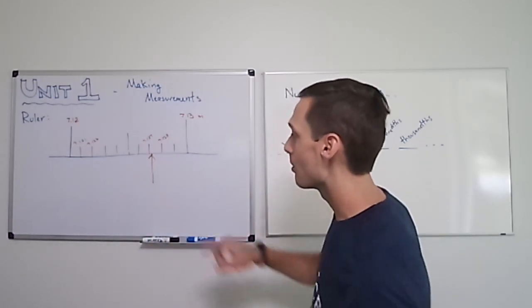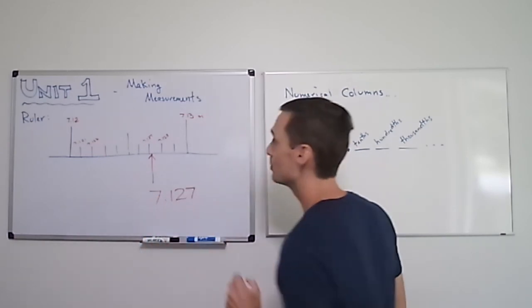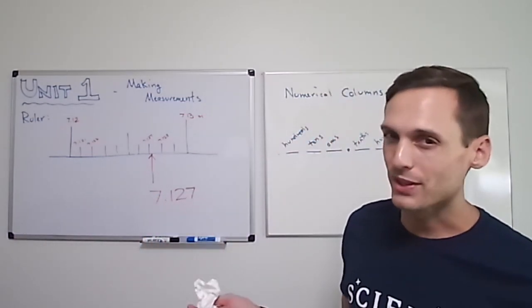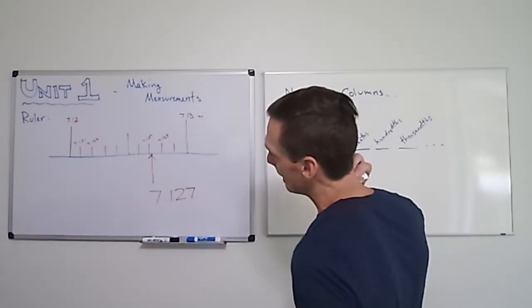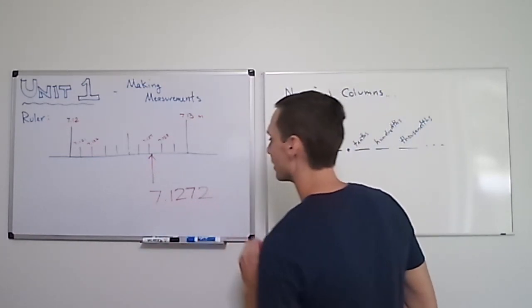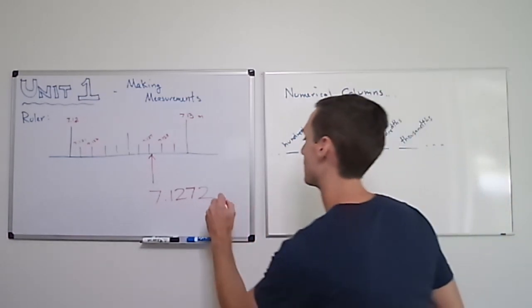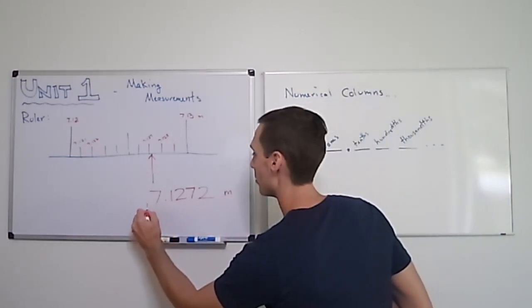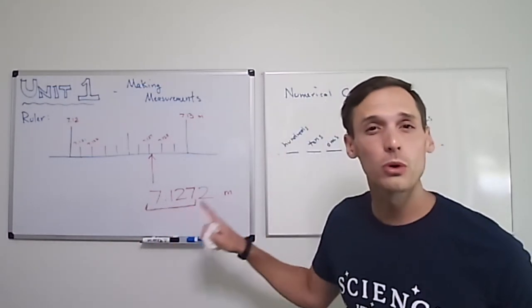So we know it must be 7.127 something. You just have to estimate that last digit. I don't know, it's really close to the left, so I'll put it at 7.1272 meters.